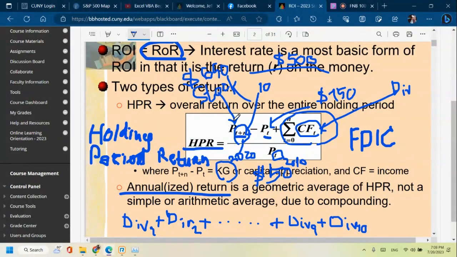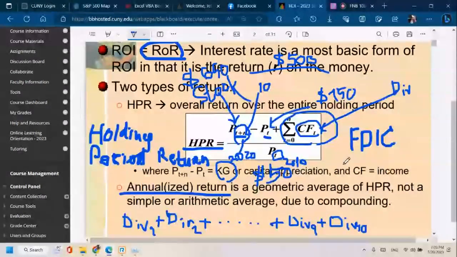So holding period return is basically capital gains plus all the cash flow during the holding period divided by your initial investment. Okay, that's what it stands for.